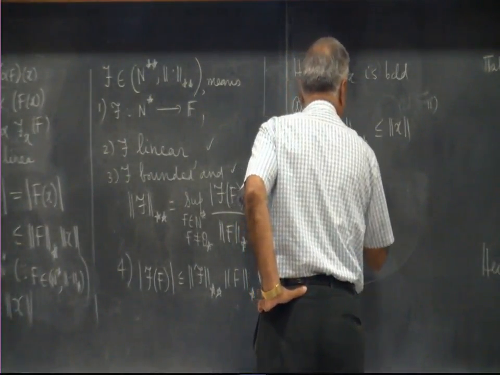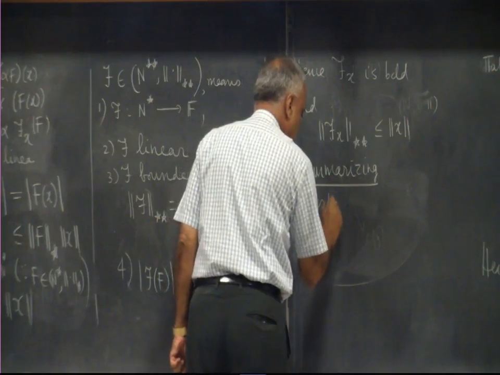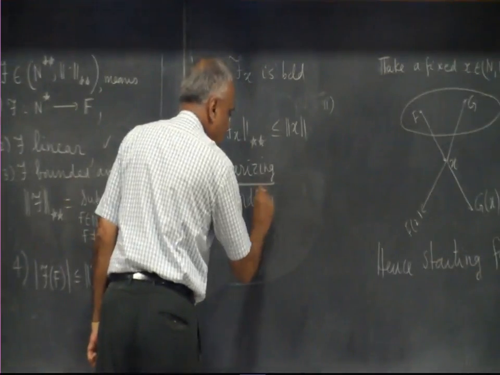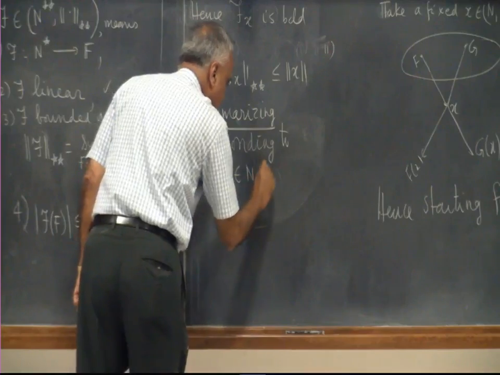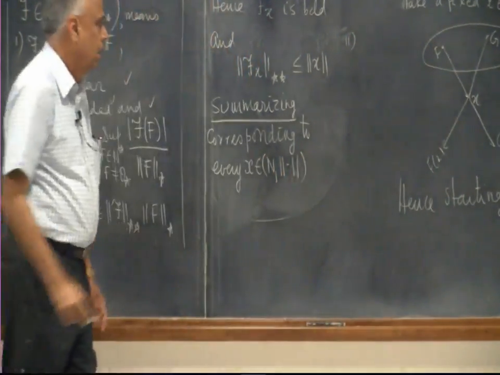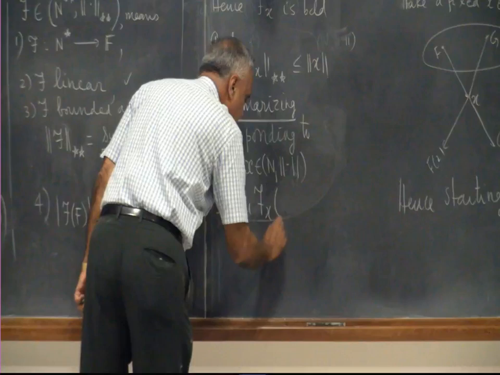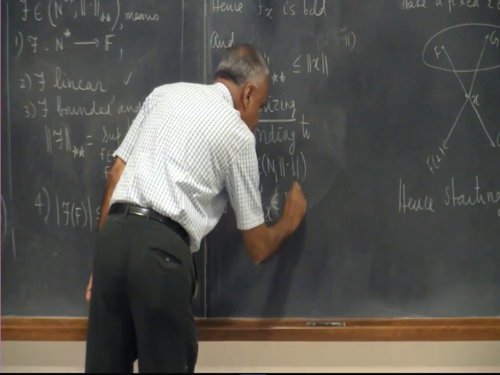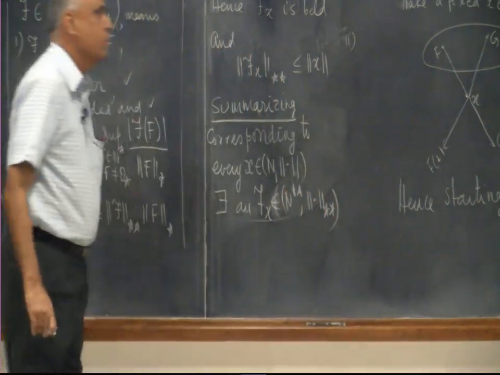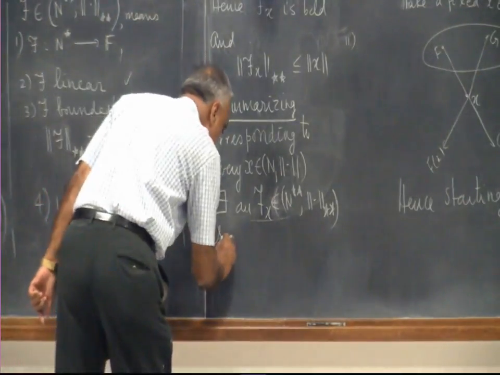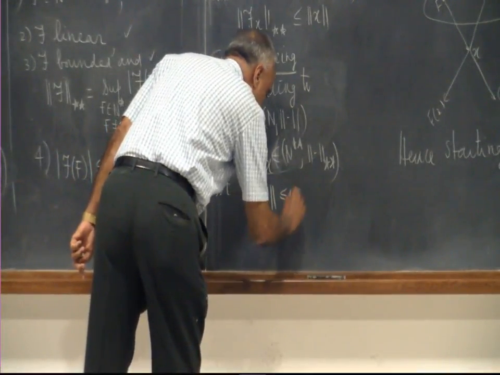Summarizing, we get the following. Corresponding to every x in n, there exists an F_x in n double star such that norm of F_x is less than or equal to norm of x.